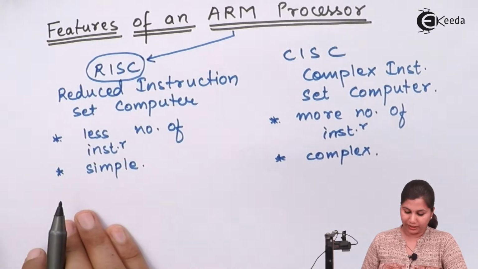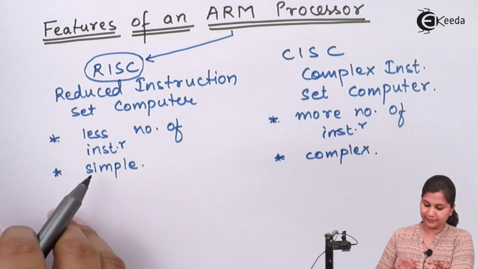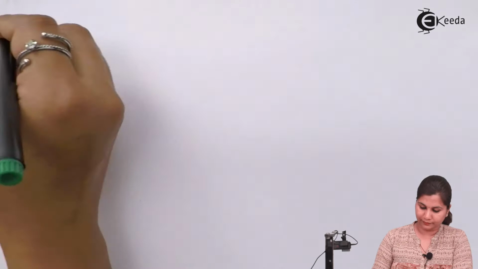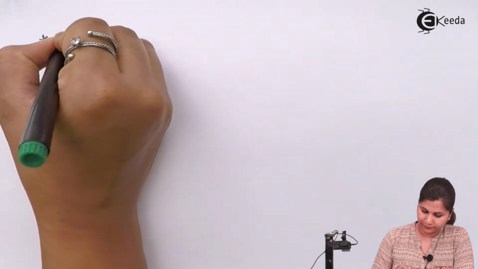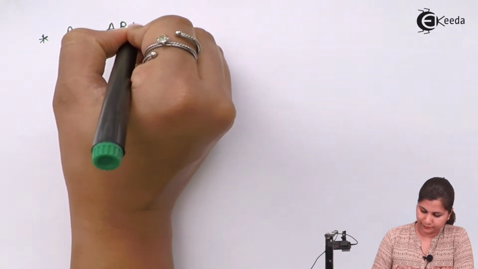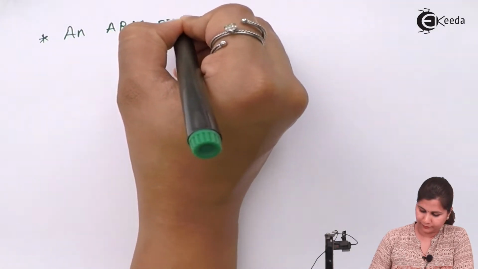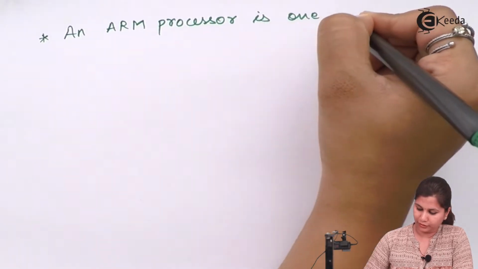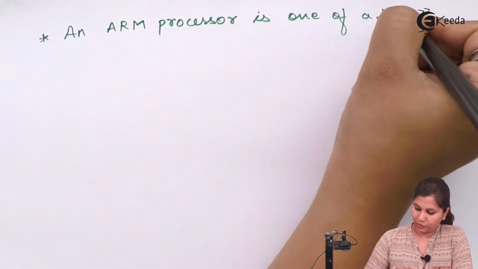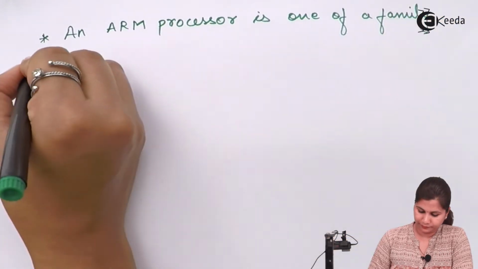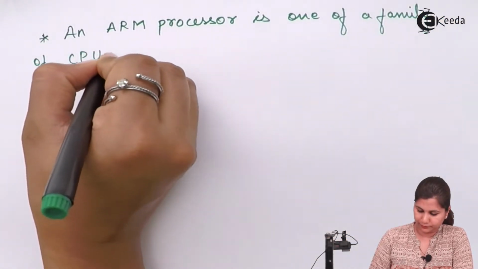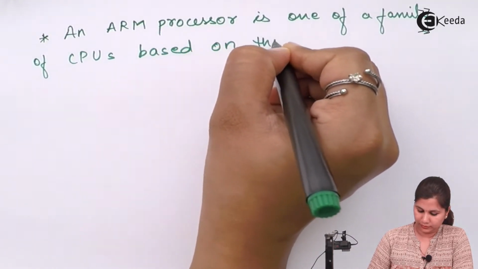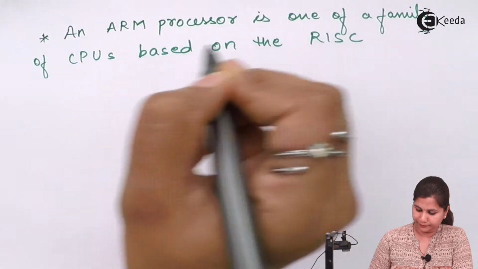So we can define the ARM processor as one of a family of CPUs based on the RISC architecture.